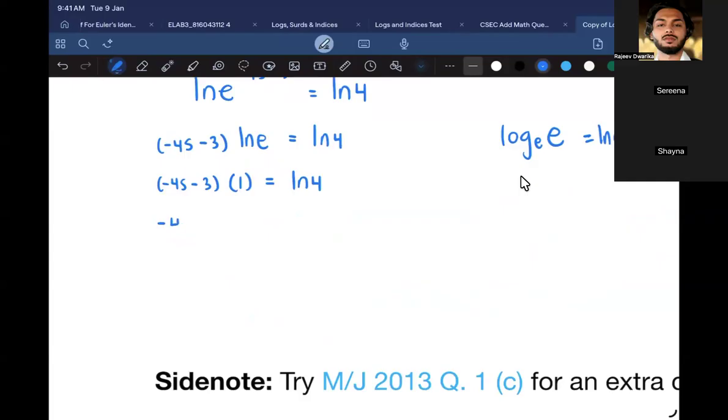So you're gonna end up with minus 4s minus 3 is equal to ln 4. And what's the next step? Tell Sheena, what's the next step? So from here, it's just regular algebra. It's just simple algebra. Promise.